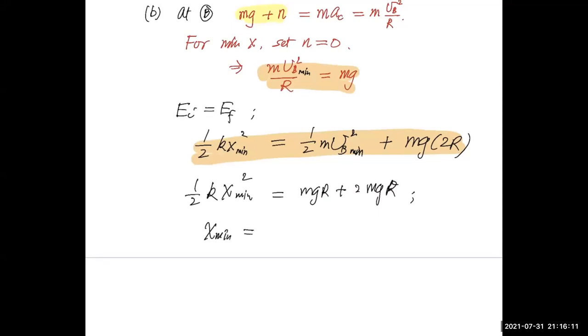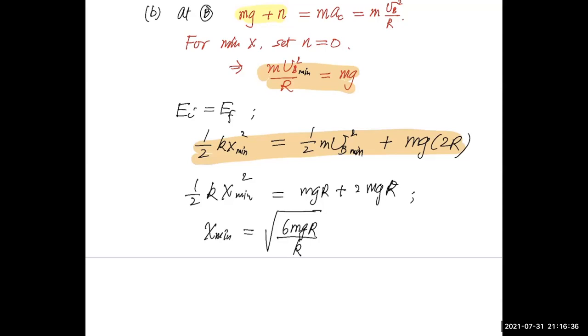What is that equal to? It is equal to the square root of 3 mgr over k, divided by 2. So it's actually there's a k here and there's a 6 right here.